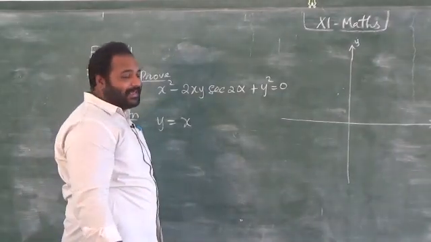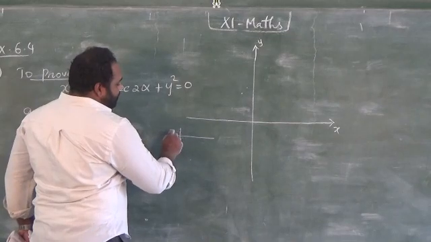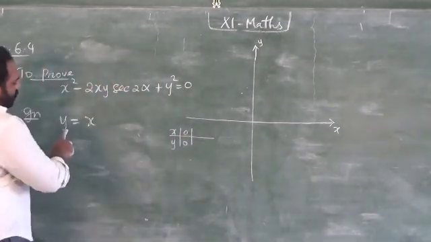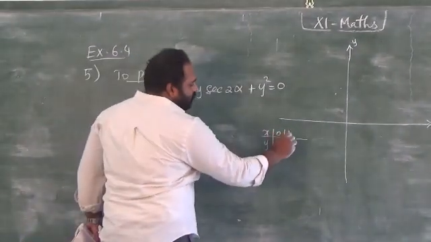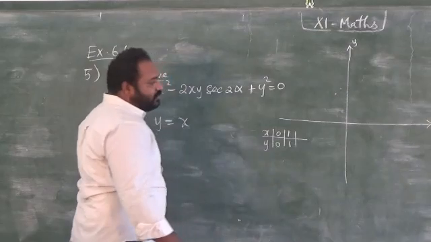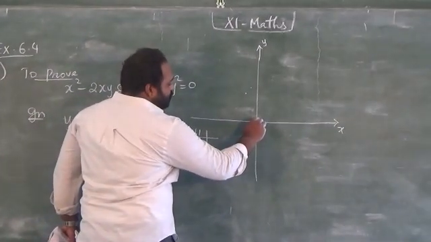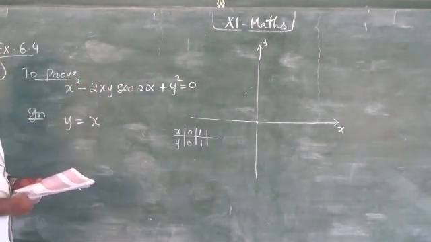How can we draw the diagram? So whatever values you give to x, y: x 0, y 0; x 1, y also 1. So 2 points are enough to draw the diagram. So 0 comma 0, definitely this straight line passes through the origin.